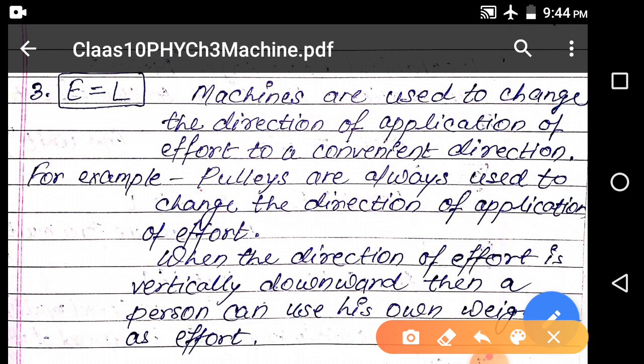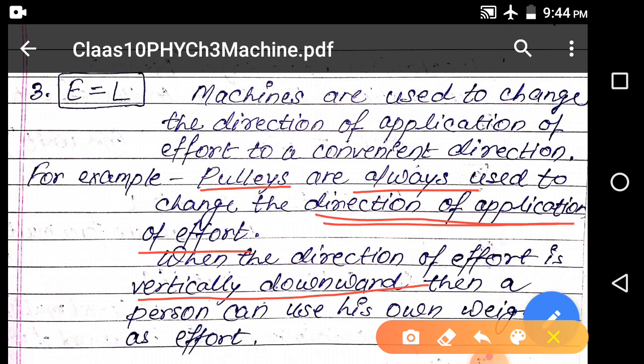But when we use a pulley, the thread on which the bucket is tied is rounded by the pulley, and the pulley changes the direction of application of effort to vertically downward.